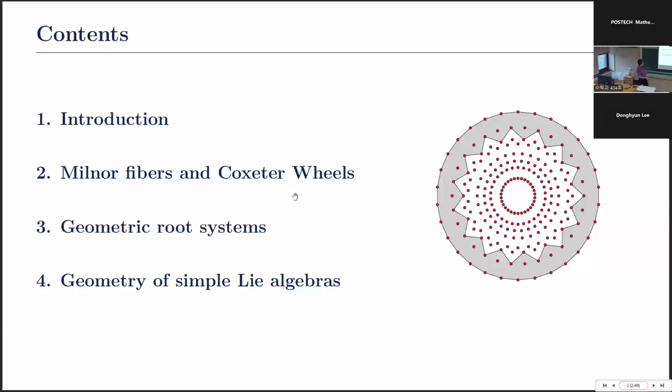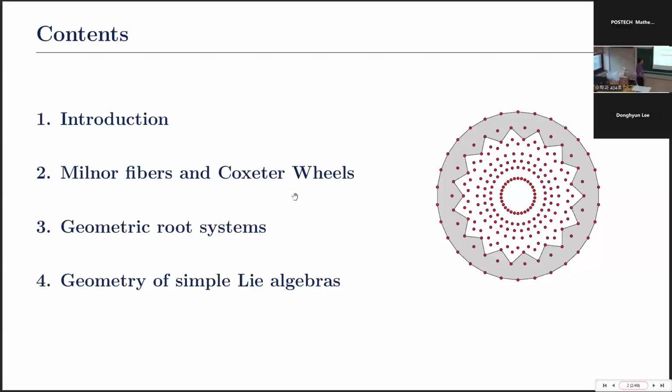In the second part, we are going to construct a very nice looking thing, which we call Coxeter fields. We'll see how these dots arise from Lie algebra theory, and also how this polygonal shape arises from geometry.